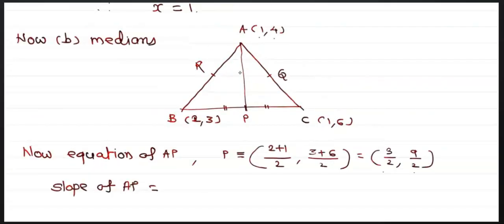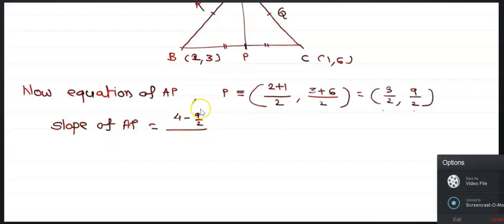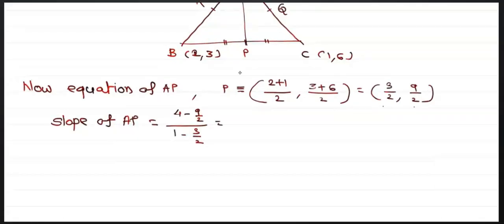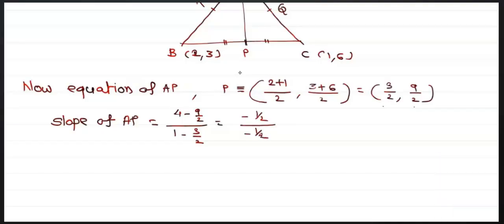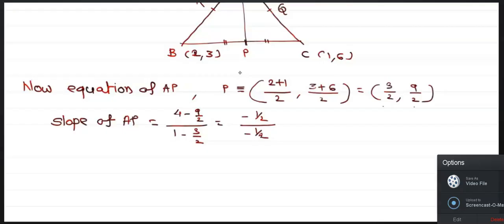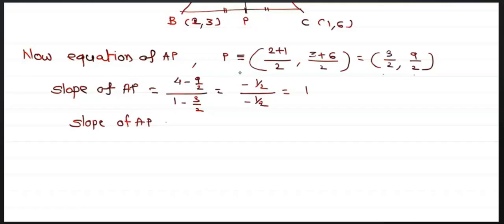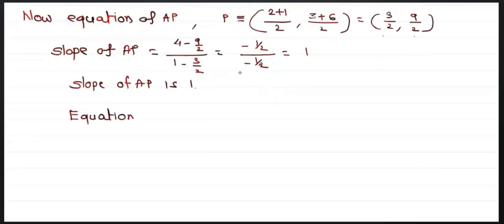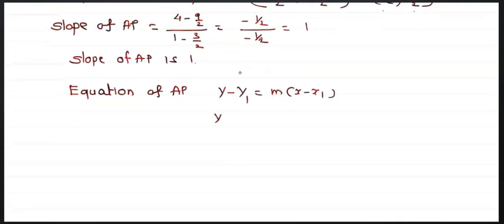Now the slope of AP, that is 4 minus 9 by 2, and next is 1 minus 3 by 2. So minus 1 upon 2 upon minus 1 upon 2, that is equal to 1. Slope of AP is 1. Equation of AP: y minus y1, we will use slope point form here.